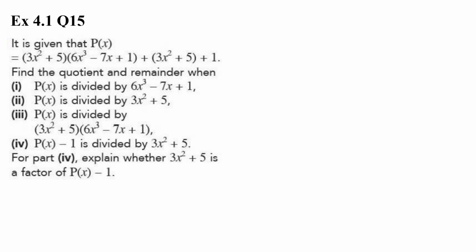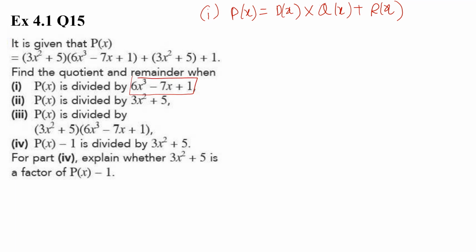All right, so step 1, we are just going to write down the generic terms: the generic term for your dividend, which is p of x, equals the generic term for your divisor d of x times quotient q of x, plus remainder r of x. Let's look at part 1. In part 1, you are told that it is divided by 6x cubed minus 7x plus 1.